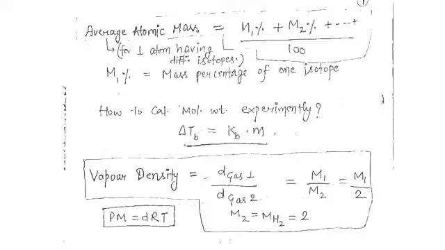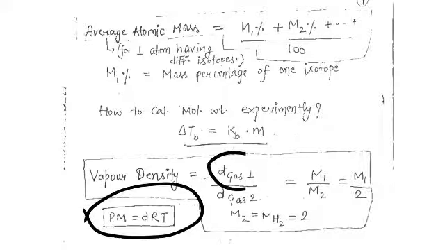Alright, now the question can be manipulated. If you know this little thing, what is the little thing? The little thing is d equals PM upon RT. Here we are putting d as PM upon RT: P1 M1 upon RT1, and similarly P2 M2 upon RT2.